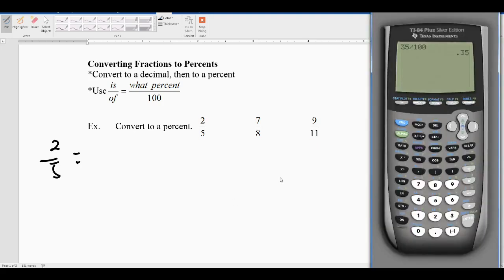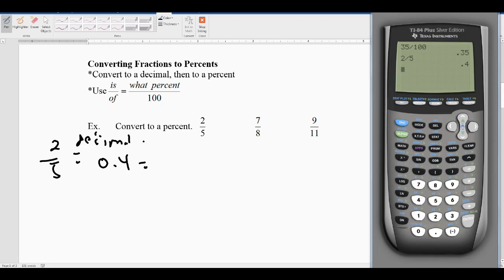If you take out your calculator and type in 2 divided by 5, you'll get 0.4. That's a decimal. And then you go to the percent. You just take that decimal, move it 2 places to the right, and you get 40%, just like we did before.